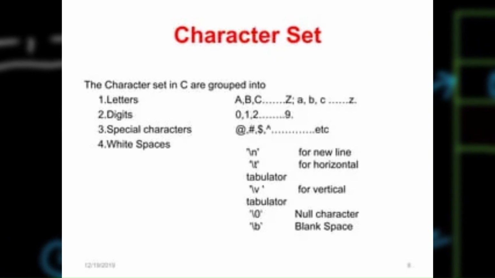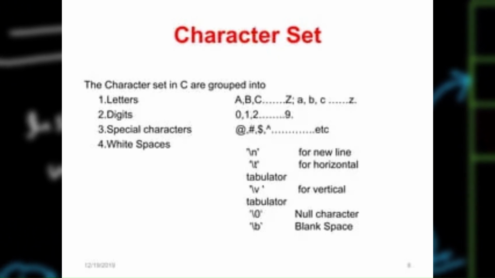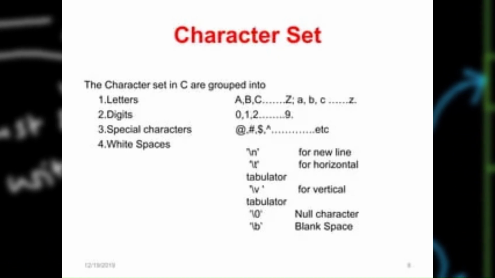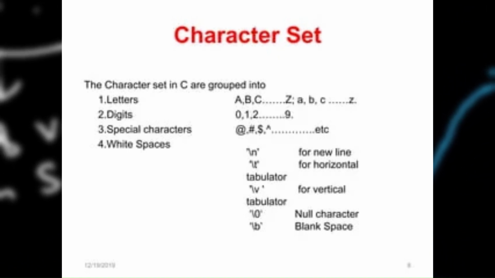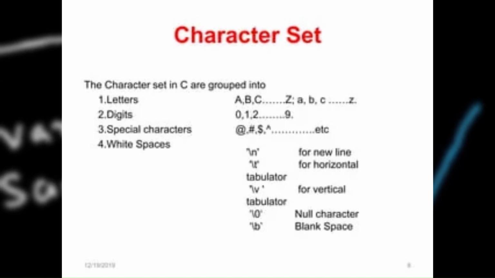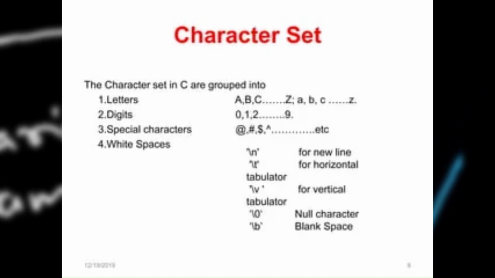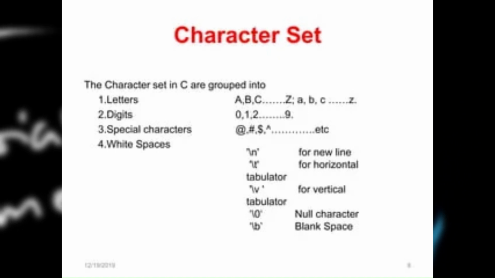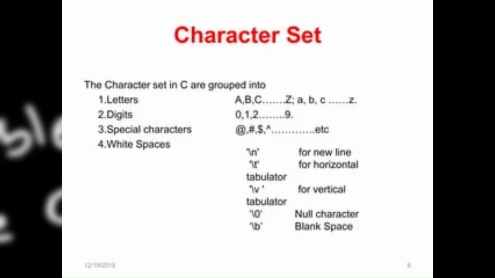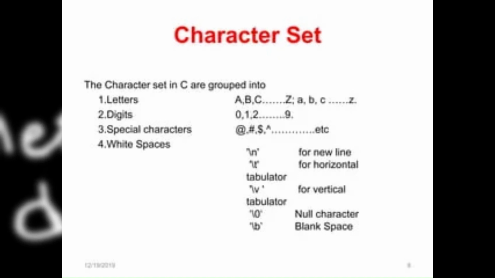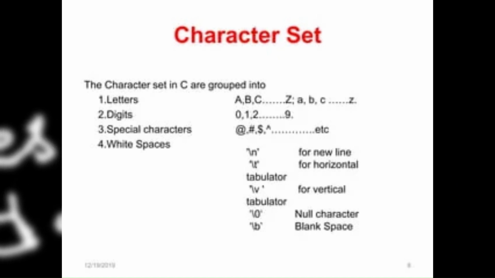In the naming of a variable you cannot use white spaces. I am talking about what is there in the character set: alphabets, lowercase and uppercase, digits, and white spaces like new line and tab.